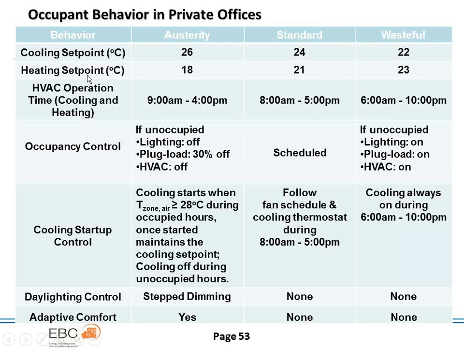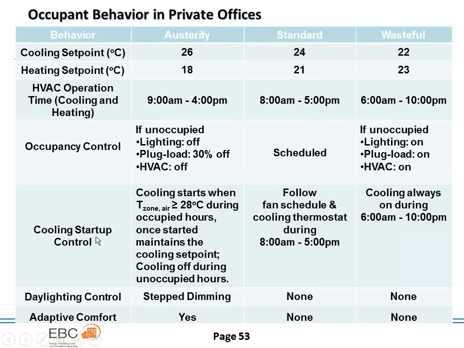And then you can look at heating and cooling. You also look at the operation schedules, right? Traditionally these are work schedules, but quite often in office modeling we assume a much longer schedule. Then there's occupancy control. It's just based on schedule, but if you want to save energy, when you're leaving the office you can turn lights off, maybe a portion of the plug load like the monitors can be turned off, and you can turn off systems if you have a separate system.